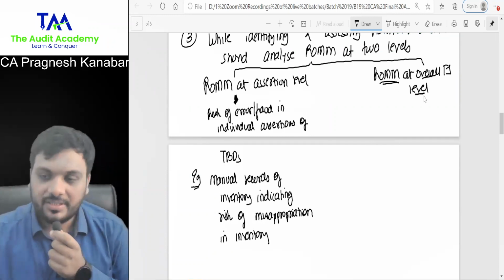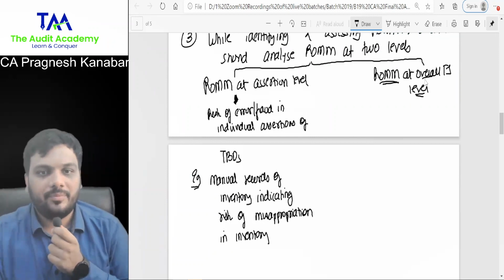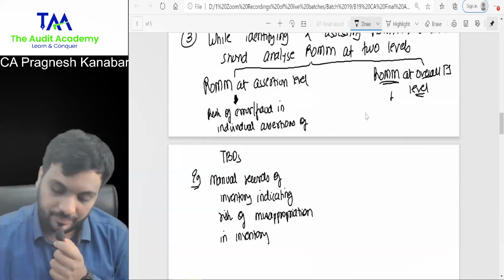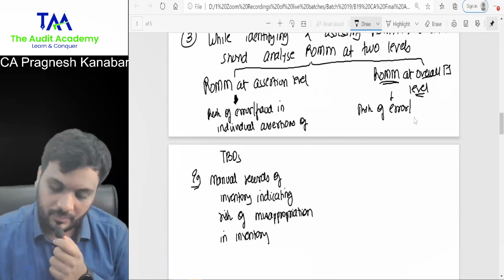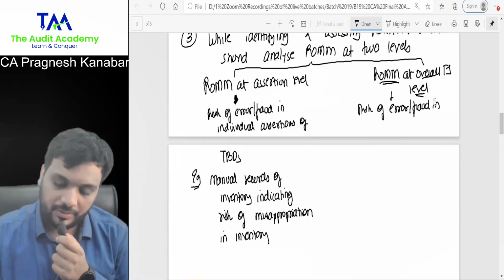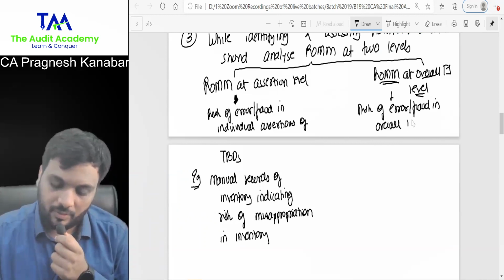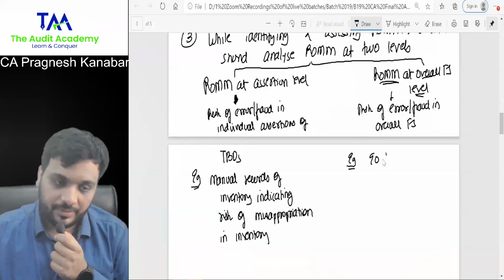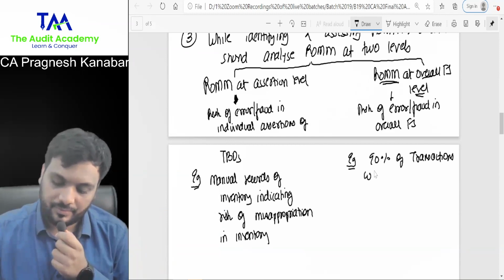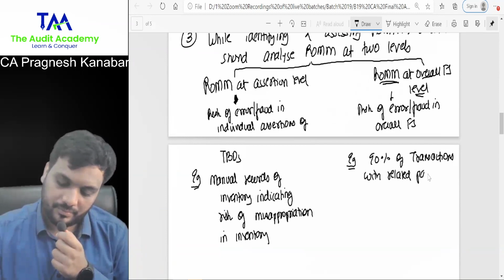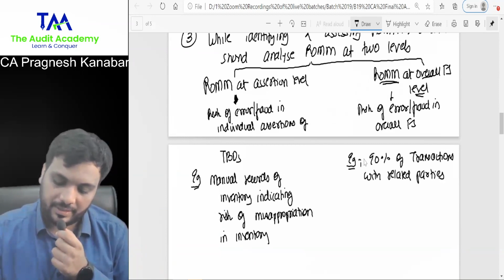Risk of material misstatement at overall financial statement level. Risk of error or fraud in the overall financial statements. Example, 90% of transactions with related parties.